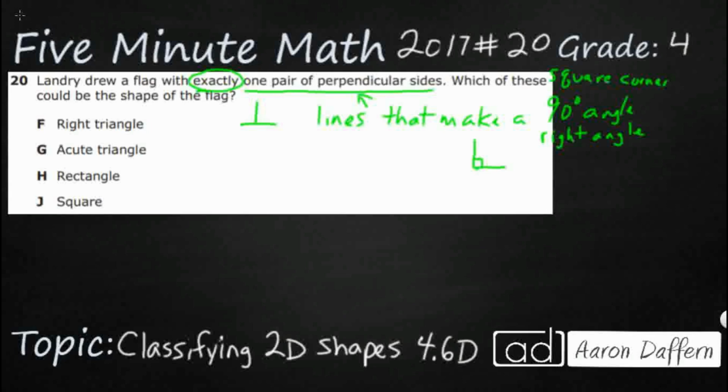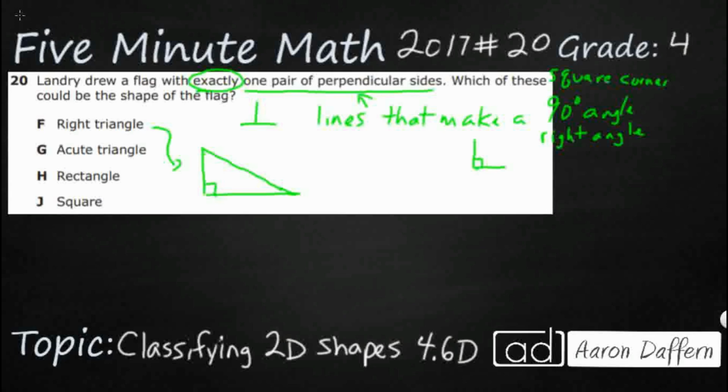So let's start with F, our right triangle. All right, so a triangle's got three sides. A right triangle, kind of put that right there. And there's many different right triangles. You could draw some right triangles that have the same side lengths. That's going to be isosceles. This one is a little bit more with its three different side lengths.